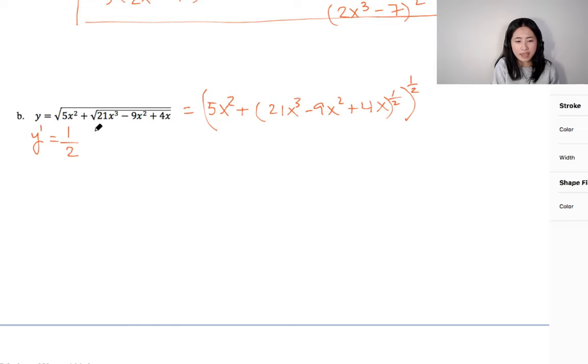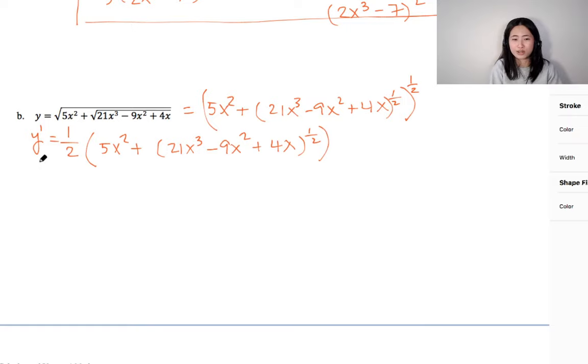So this is 1/2, and you multiply this to 5x squared plus 21x cubed minus 9x squared plus 4x raised to the power of 1/2. And remember, this is what I tell a lot of my students: don't feel compelled to rush things, especially in math, because it's not a race, right? It's a marathon. It's basically the way you're going to get to your right answer. That's the key point whenever you're solving a question.